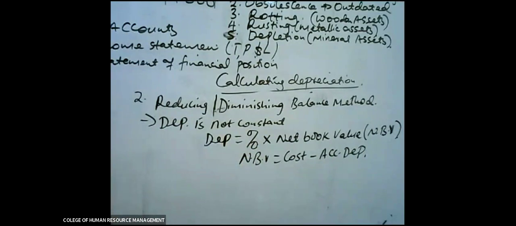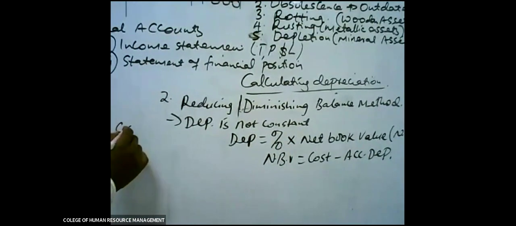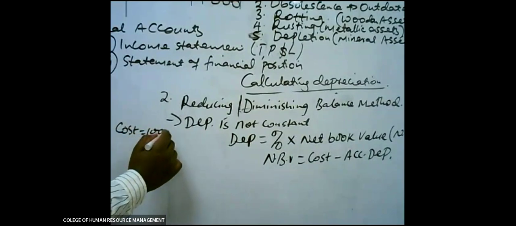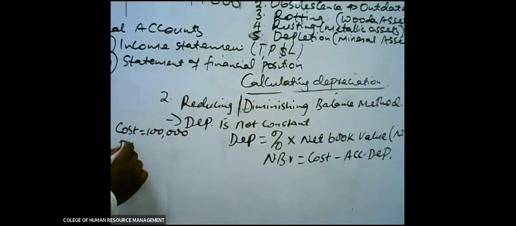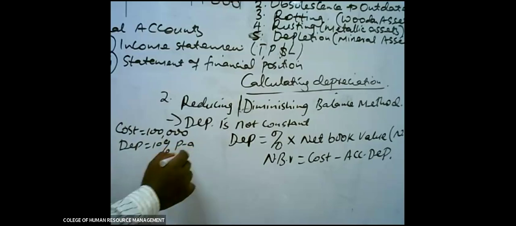If I go back to the example that we had on the furniture, it had a cost of 100,000. Depreciation, we were told, is 10% per annum.